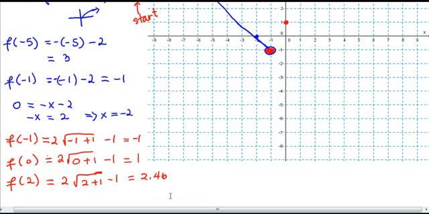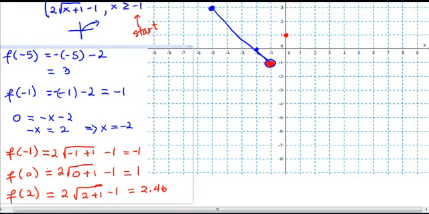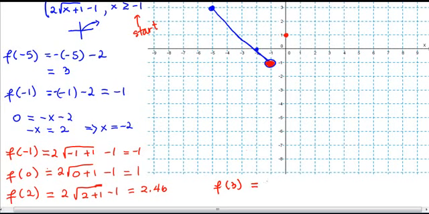When I put everything in the calculator, I have 2.46. So I guess I'm going to choose x equals 3, to be nicer. So I have 2 times the square root of 3 plus 1, minus 1. So I got 4 here. The square root of 4 is 2. 2 times 2 is 4, and then minus 1 equals 3.